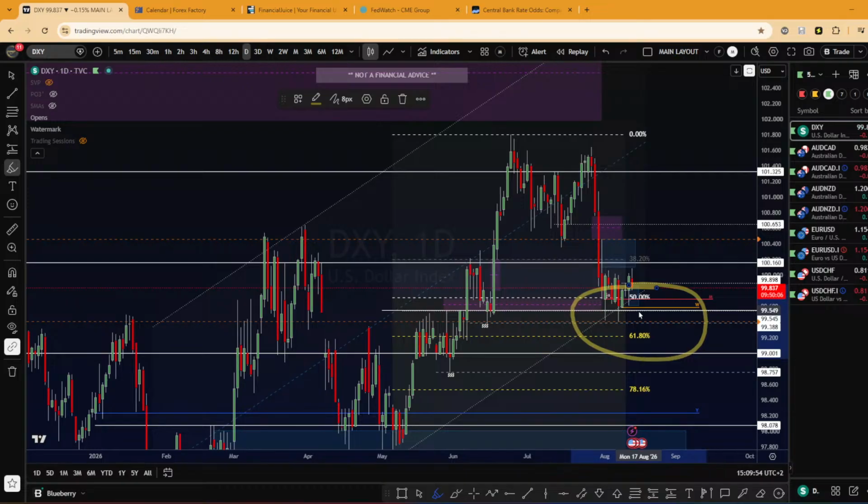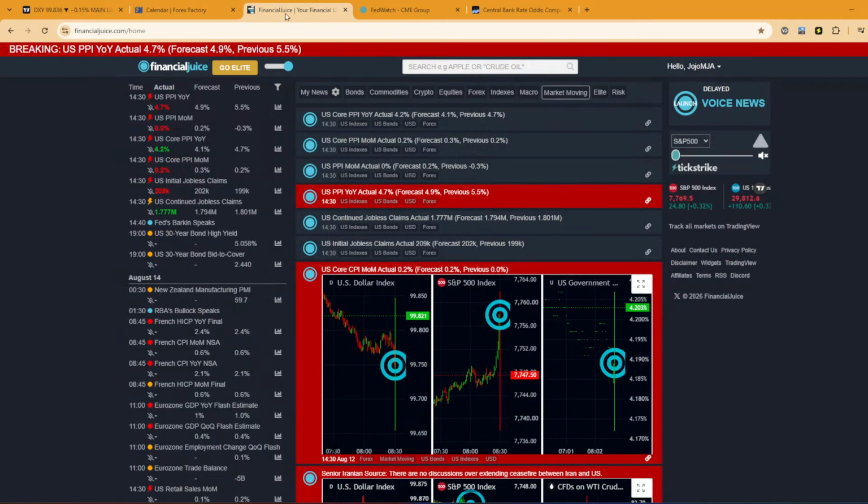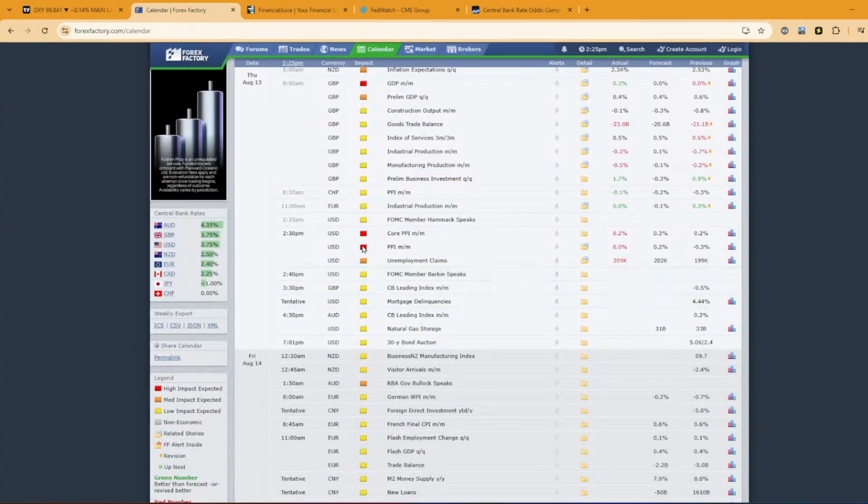So for me, selling the dollar right now is not a good idea. I want to buy, but I need some signal. The only thing that makes me not buy the dollar aggressively is the recent data, the data we had in inflation, which came out soft.